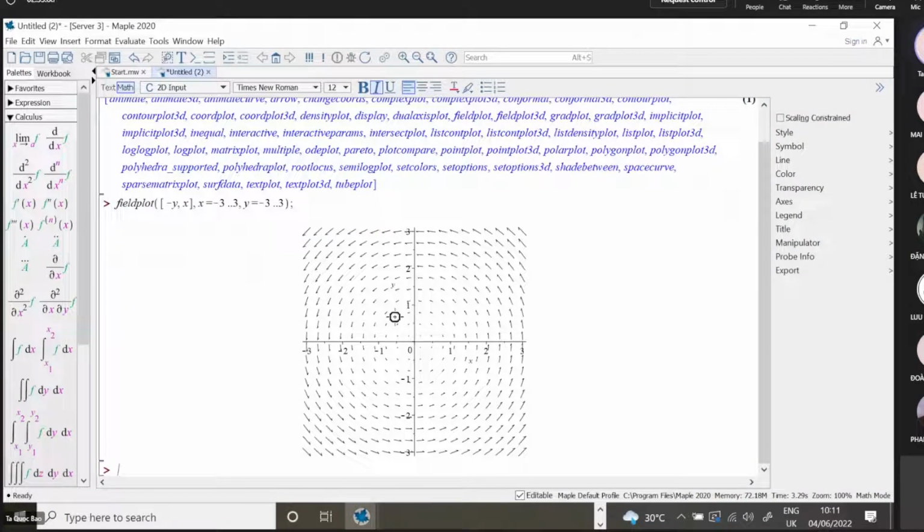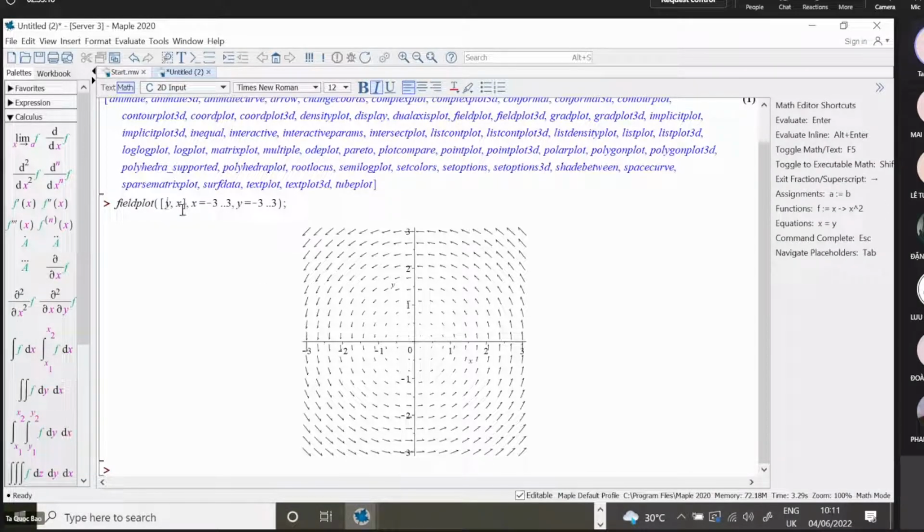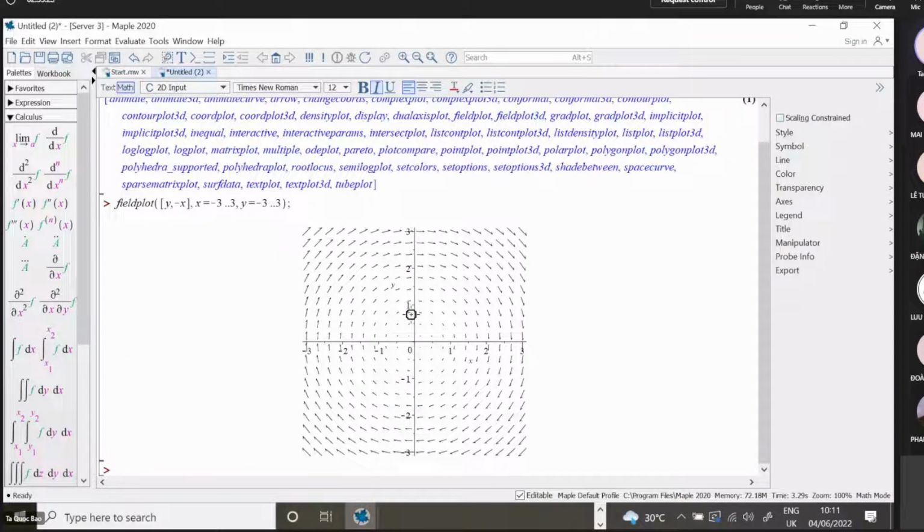Which looks like this. So looking like this, you can see the vector fields in this case. If you want to change, and then maybe, what happens if I change the minus x here? So it's a difference, a different direction. It's a difference that it changes the direction. So the last vector field, the direction is like this. When you change like this, it changes direction.